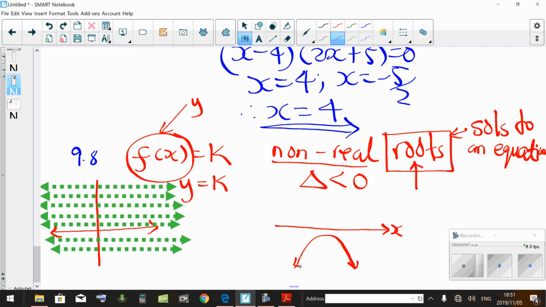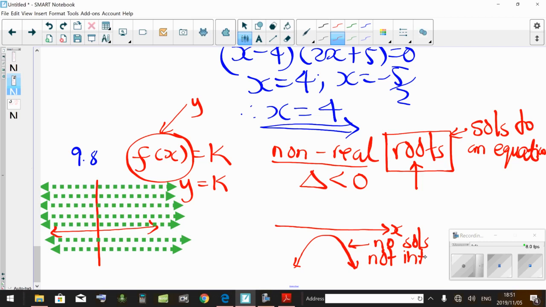What it means is if you try to solve the quadratic equation for this parabola, you will get no solutions. This is because your parabola does not intersect the x-axis.